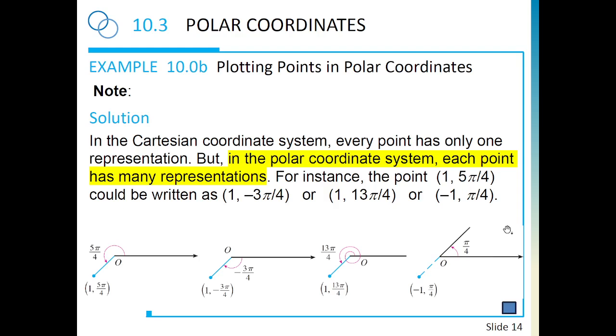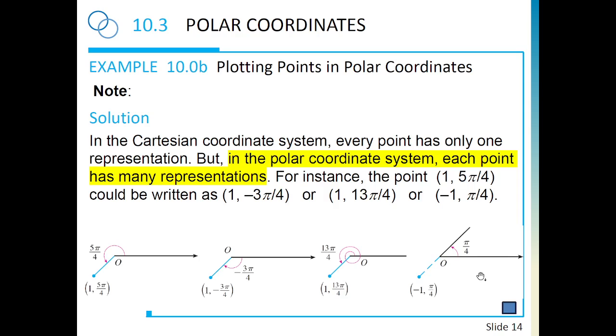So those are two options that we have. These will be useful later on because sometimes we will be asked to produce different ways of writing the same point. Some of them with positive r, with negative r, with positive angle or negative angle or whatever. So we just need to be aware of the situation.